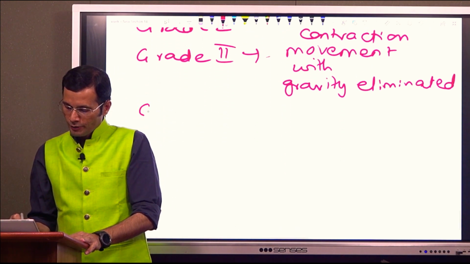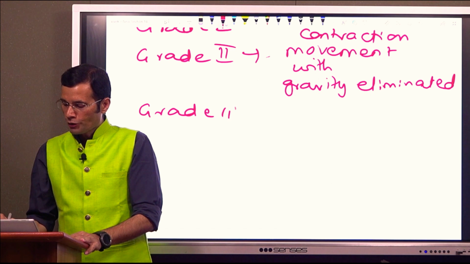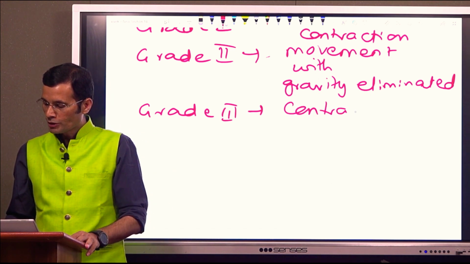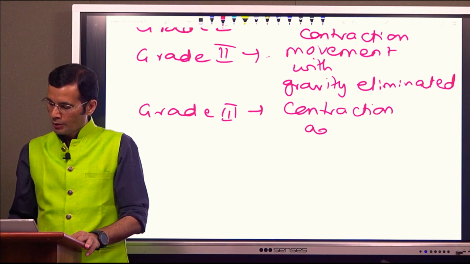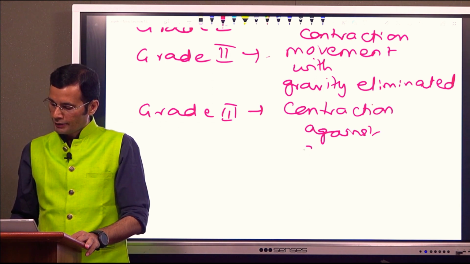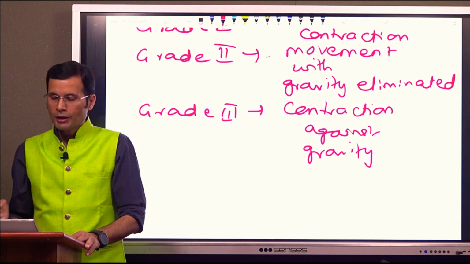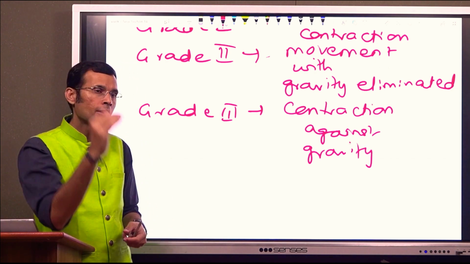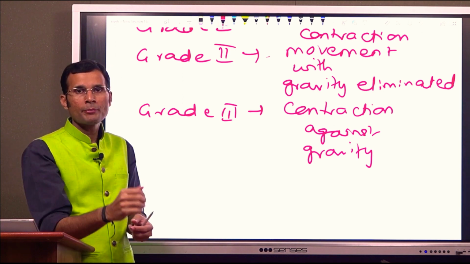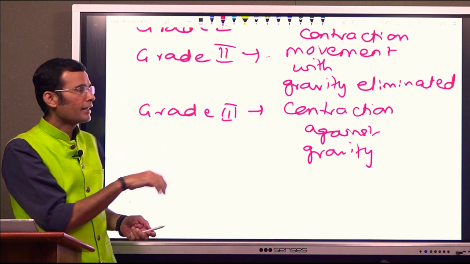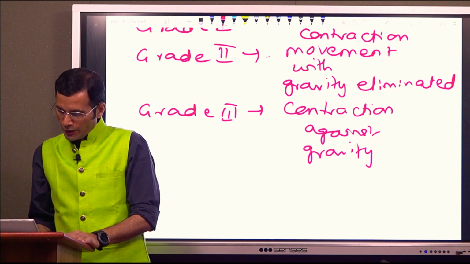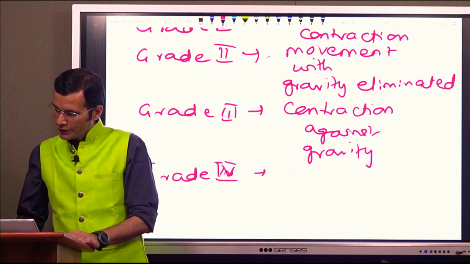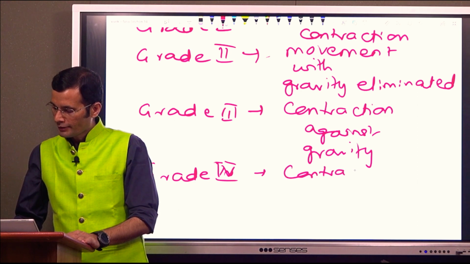Grade 3, contraction possible against gravity, movement possible against gravity. That will be the grade 3. So if you ask the patient to lift his arm, then arm can be lifted against gravity. That's grade 3 power. Grade 4, contraction against slight resistance.